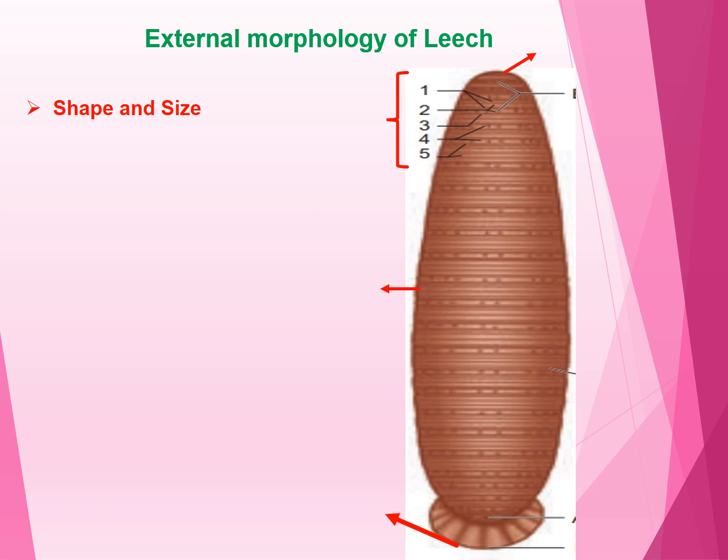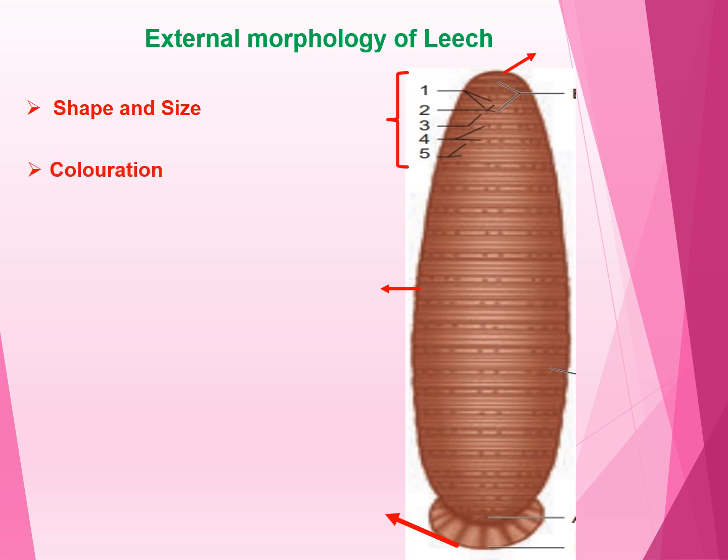It is elongated and segmented. It becomes ribbon-shaped when extended and almost cylindrical when contracted. Leeches may grow to a length of 35 centimeters. When extended, the leech looks like a ribbon; when it contracts, it looks like a cylinder.